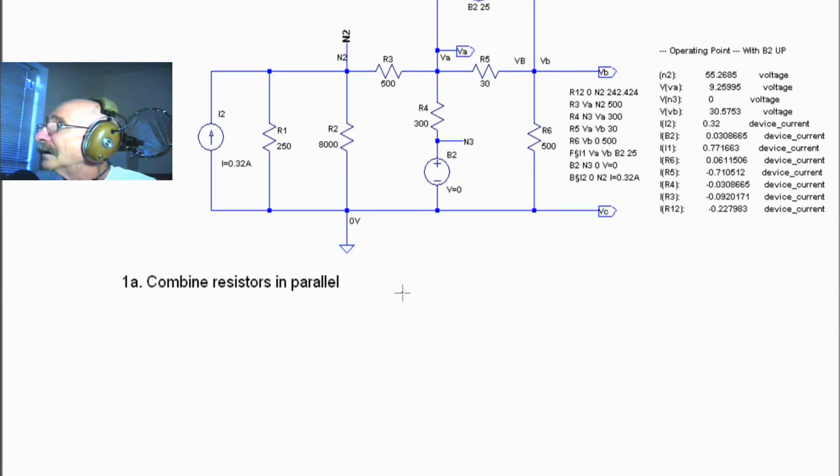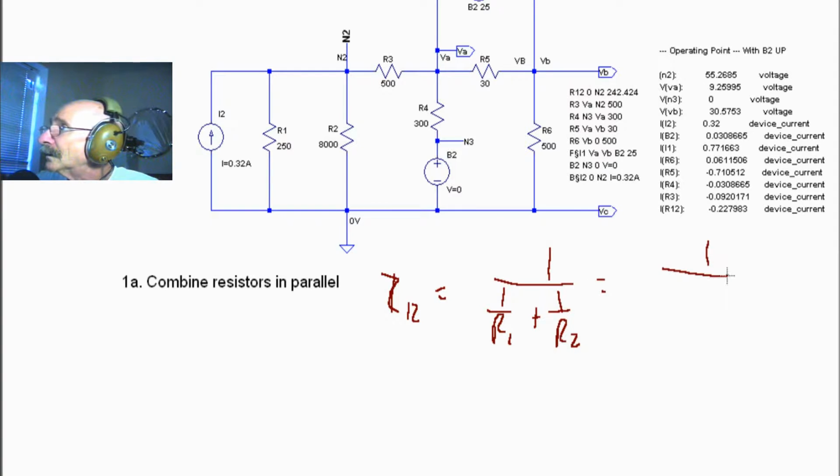I'm going to call R12 equal to 1 over R1 plus 1 over R2, and that's going to be 1 over 250 ohms plus 1 over 8,000 ohms.